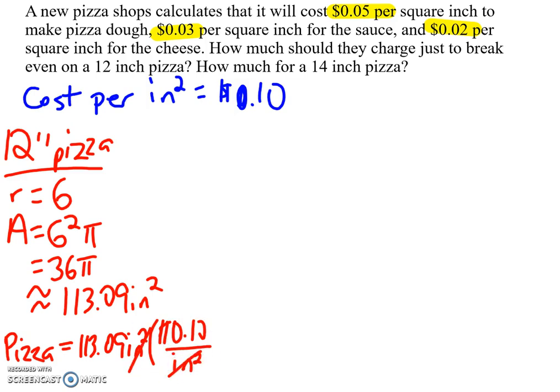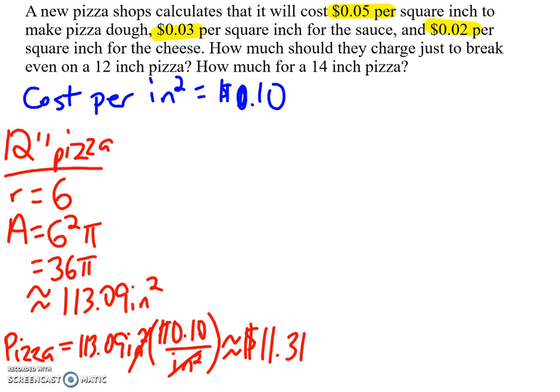And you see that's how my units cancel. And that tells me that my pizza should be about $11.31.